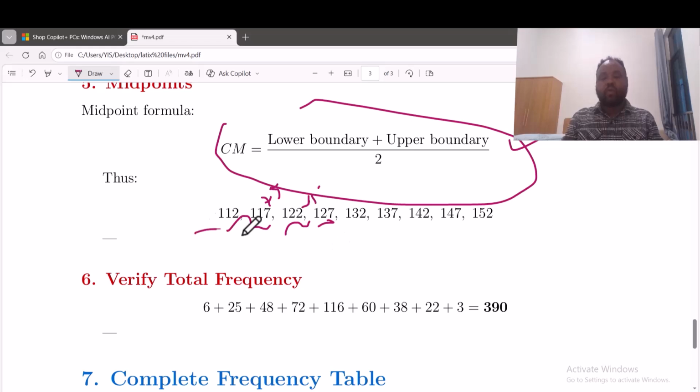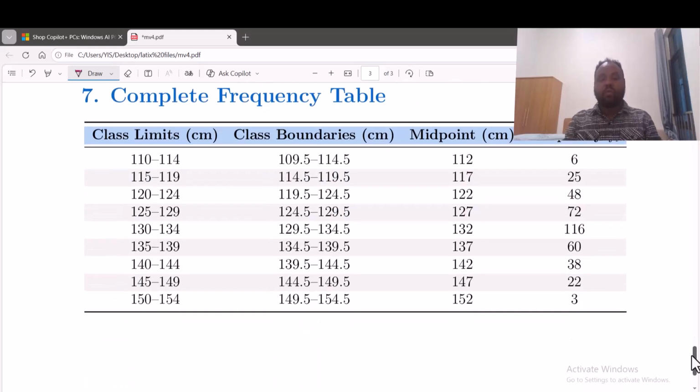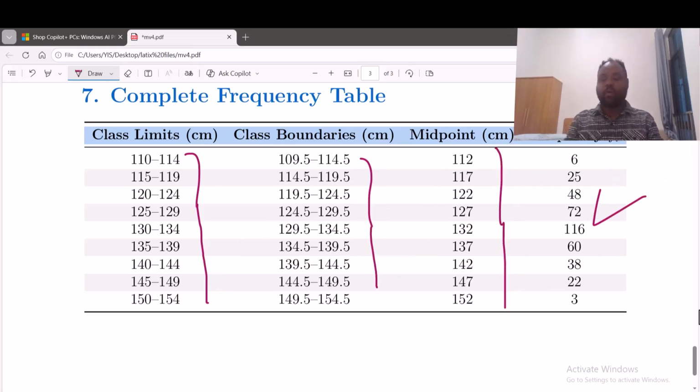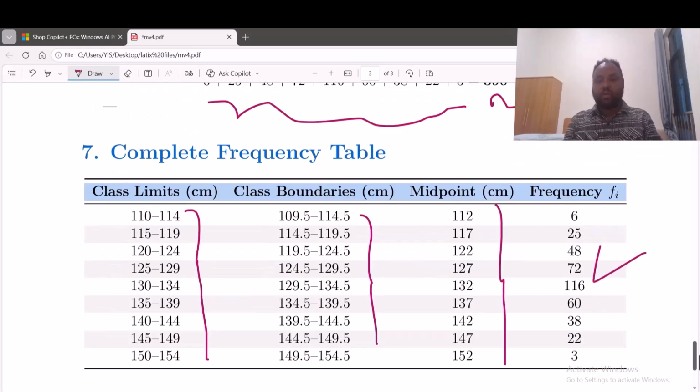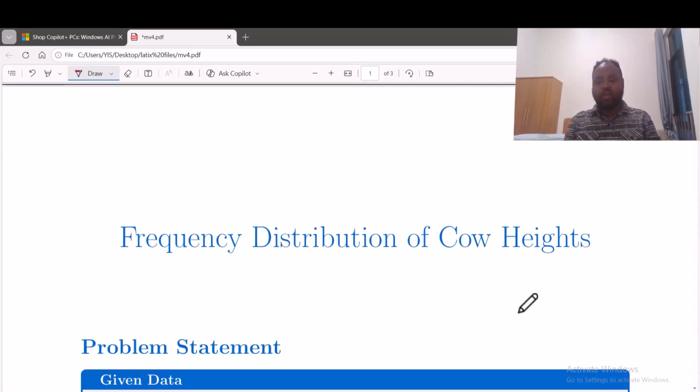Then we find the whole series. At the end we come up with the verification: this sum should give the total, 390. This is verified. The whole completed frequency table becomes this. So this problem is now solved. Thank you.